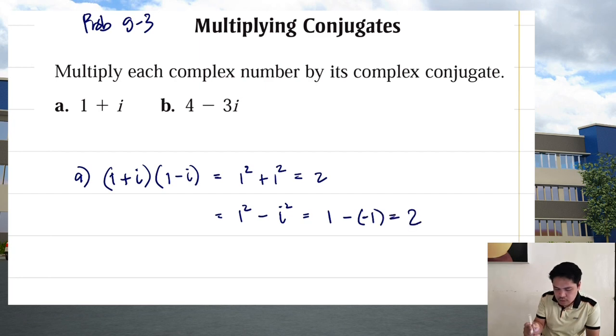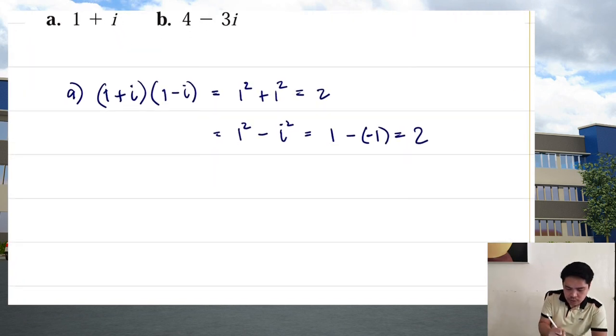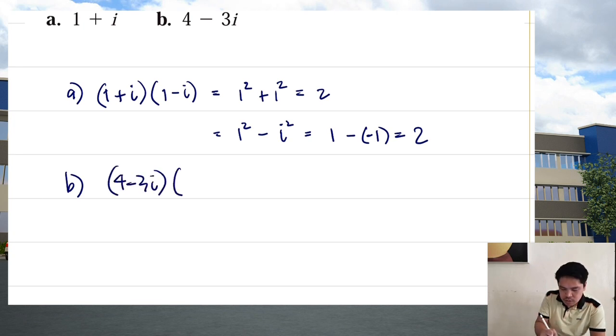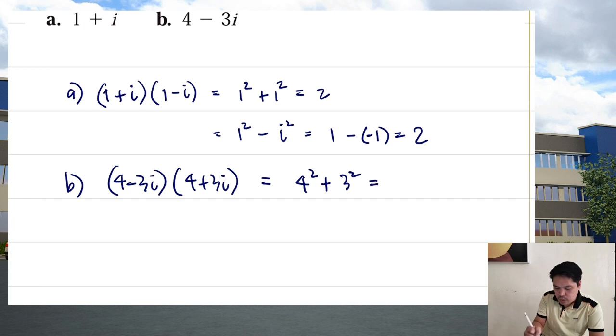So the result is still 2. How about for letter B? Just applying the formula, we'll have 4 minus 3i. We multiply by its complex conjugate 4 plus 3i. The result is just 4 squared plus 3 squared. Or that would be 16 plus 9 or 25.